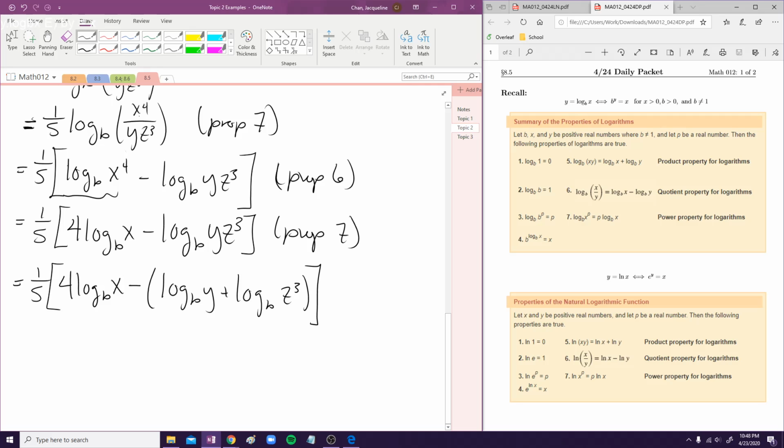So hopefully to make it a little more clear, these parentheses are for this one. And this was by property 5. Again, the first one has not changed whatsoever.